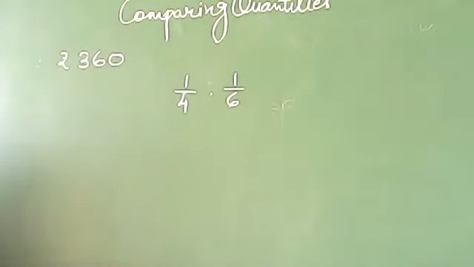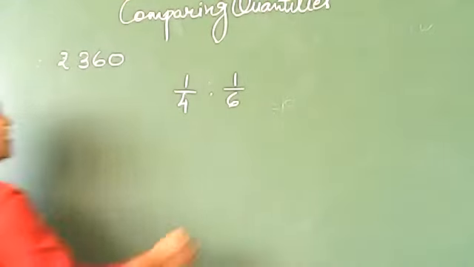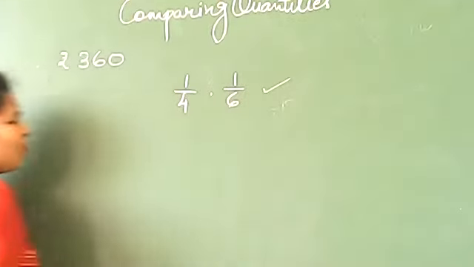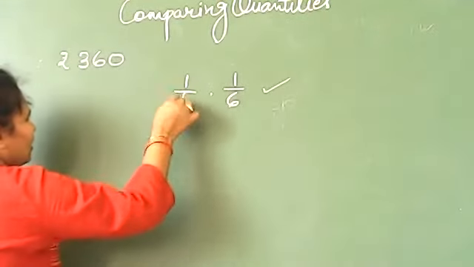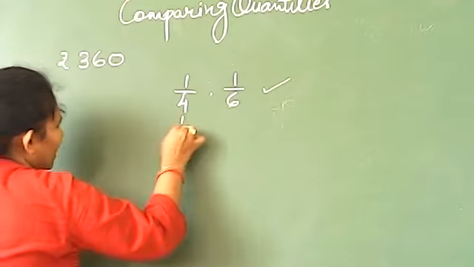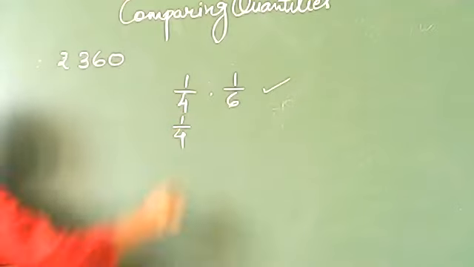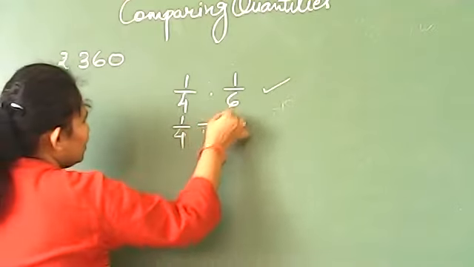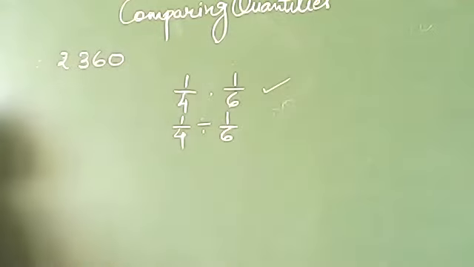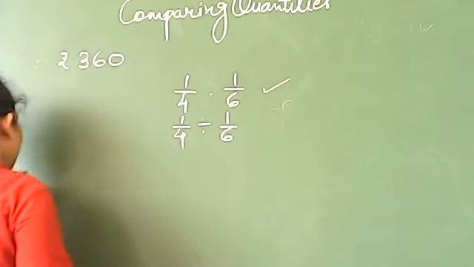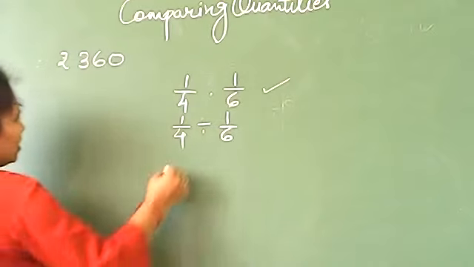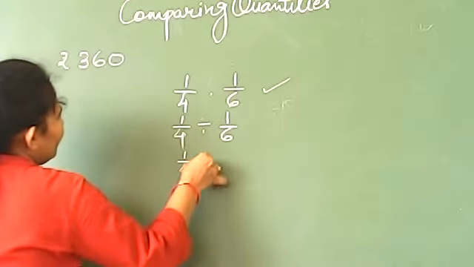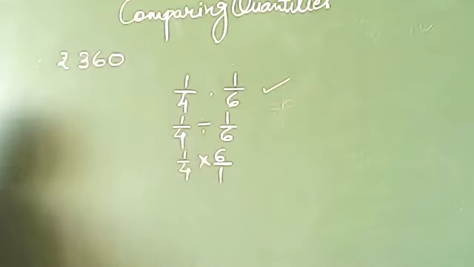So what you need to do is, first let us solve this ratio in a simpler way. How will we do that? It's 1/4 : 1/6, which we will write like this. You know that ratio means division. Now, division can be converted into multiplication, with the reciprocal of the second number.